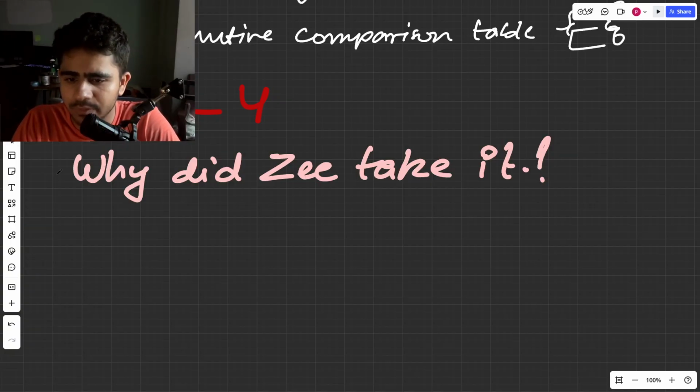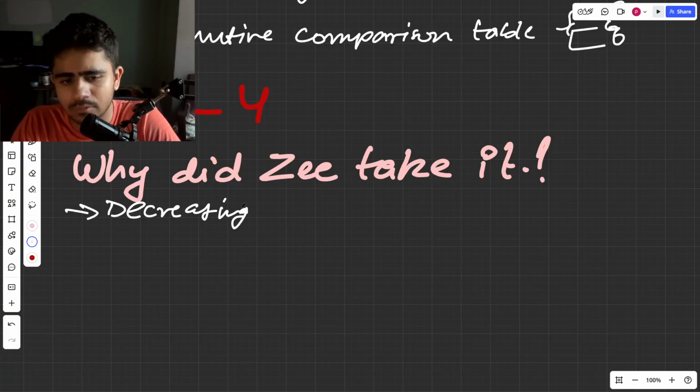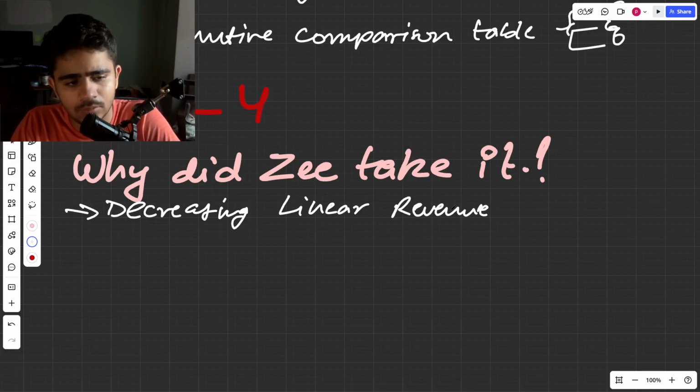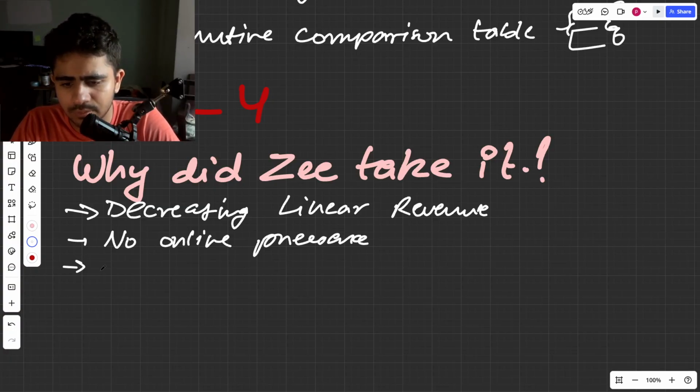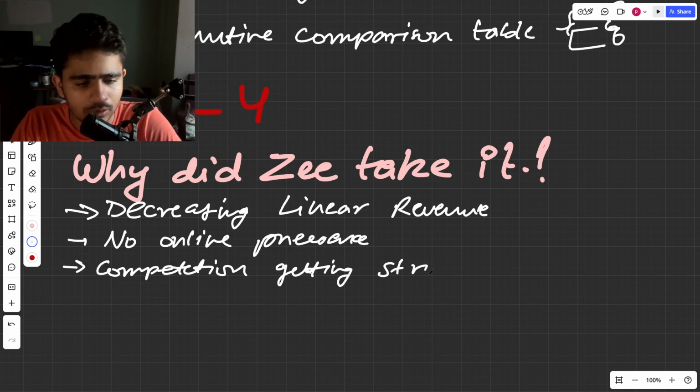Now in this we can say that it had all the problems: decreasing linear revenue, no online presence, competition getting stronger day by day.